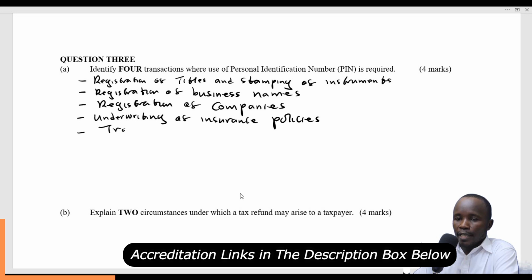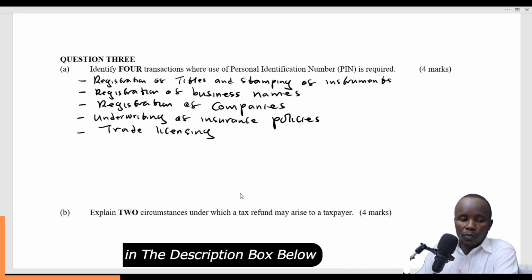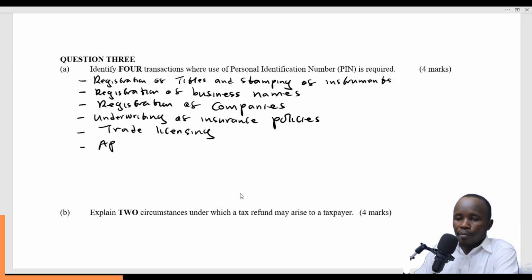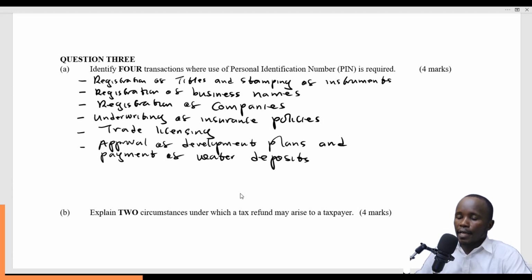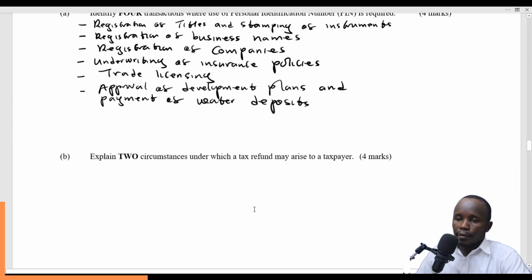When you want to get trade licensing, when you want approval of development plans, and payment of water deposit. I'm not saying that these are the only areas. There are so many areas that you require use of the personal identification PIN, KRA PIN for that matter.